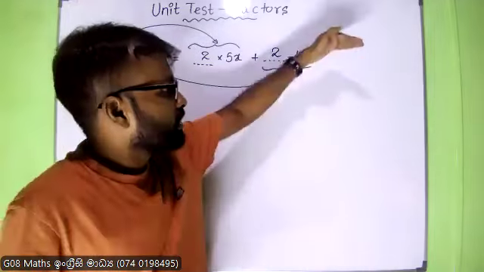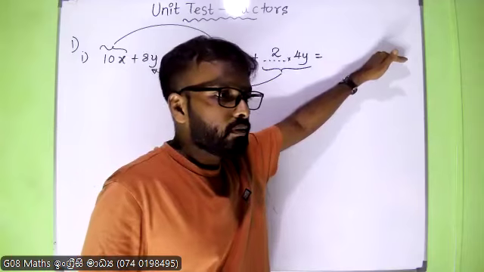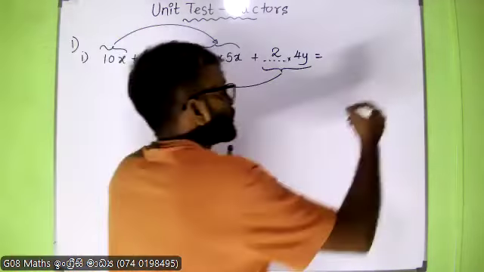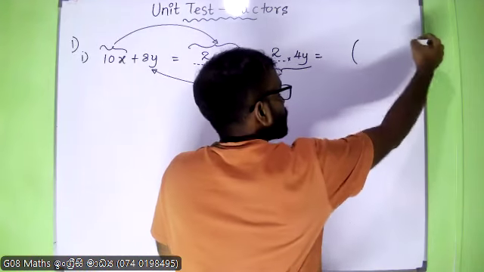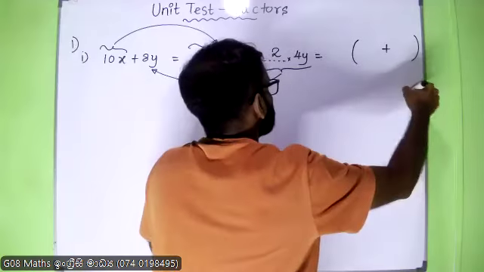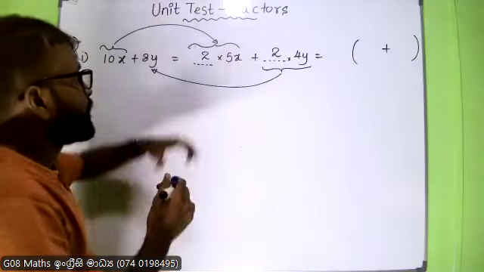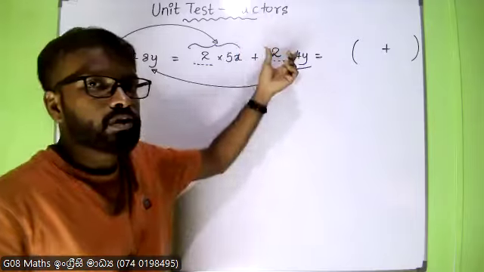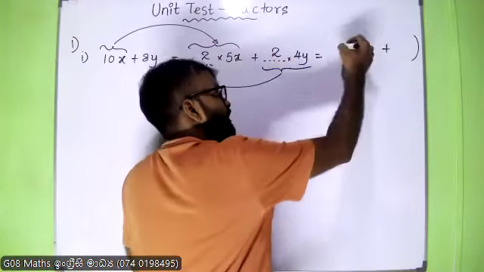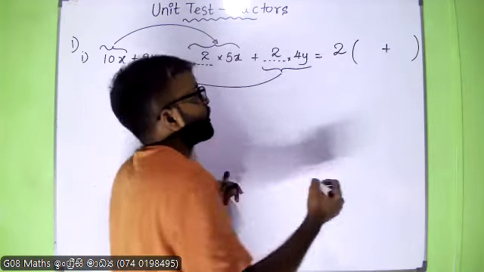Right. So here also we have to fill the blanks. How do we fill that? There are two parentheses and in between you have a plus sign. By looking at here and here, you can identify that number 2 is common for both, so you can take it out from the bracket.